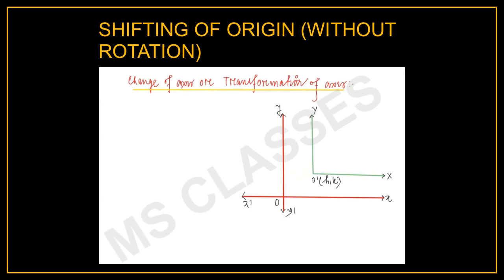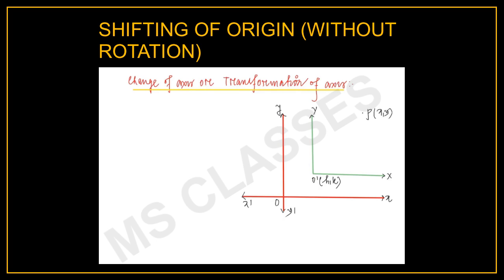Here we have shifted the axis parallel to themselves. You can see that the X axis is parallel to this and the Y axis parallel to this line. So we have just shifted without any rotation. Now, with respect to the original Cartesian plane, we have a point P(x, y).